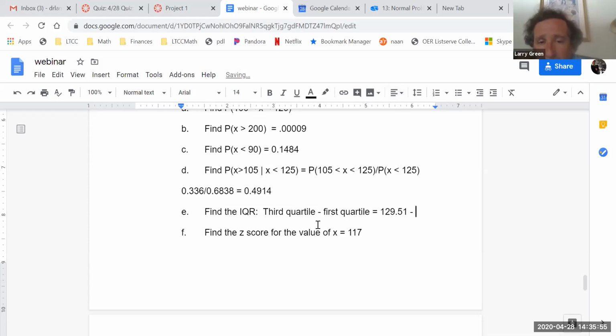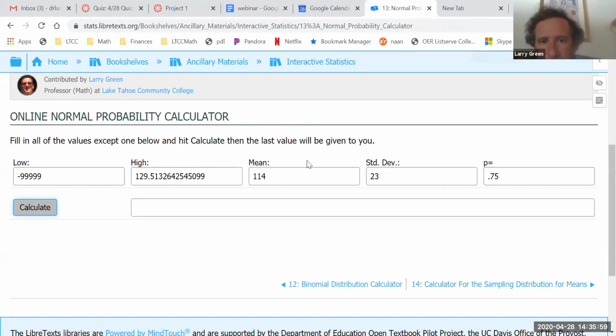All right, I need to subtract the first quartile. So what changes if I want the first quartile? No, the low turns out to be the same. That's a good try.